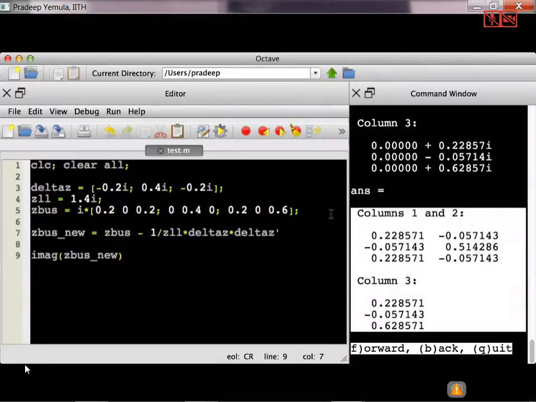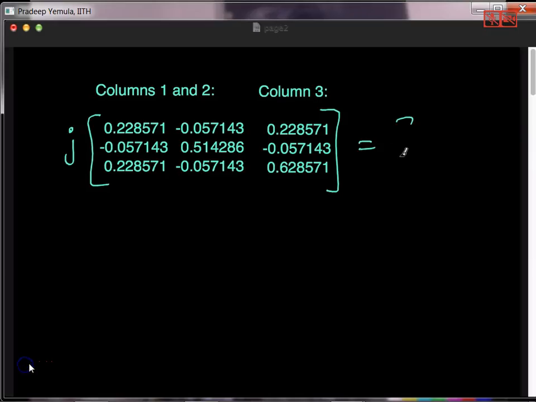Let me copy this to the main window. This is nothing but your Z bus after the fourth step.